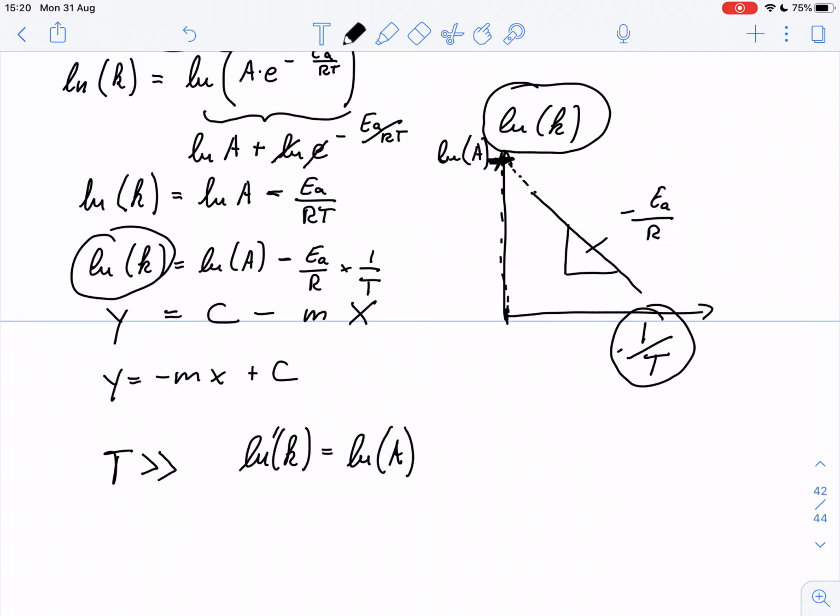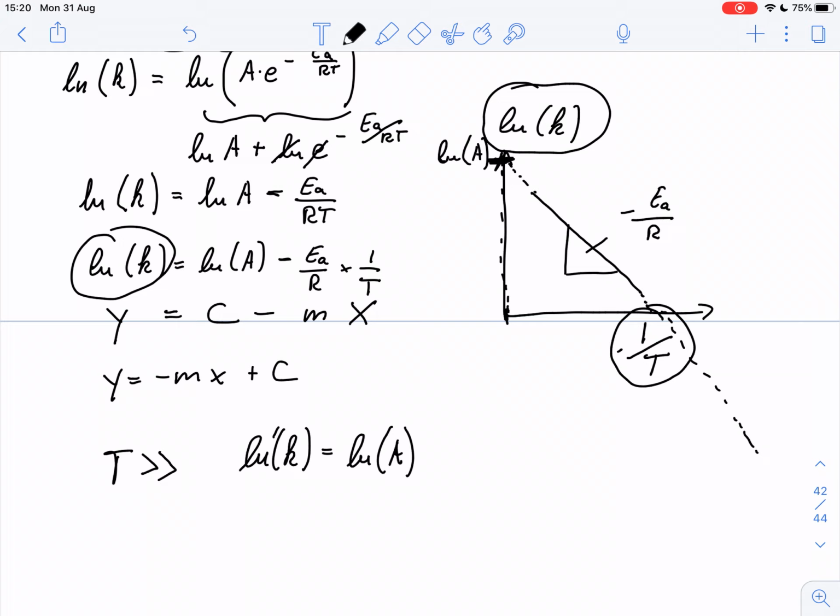If the temperature becomes very small, then 1 over T becomes very large, and our ln k goes into the negative range.